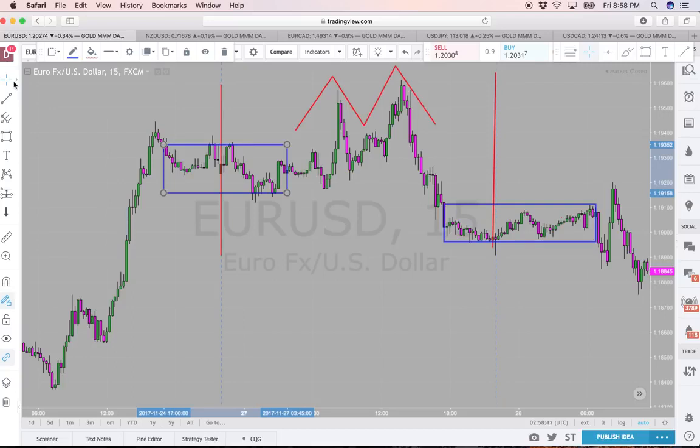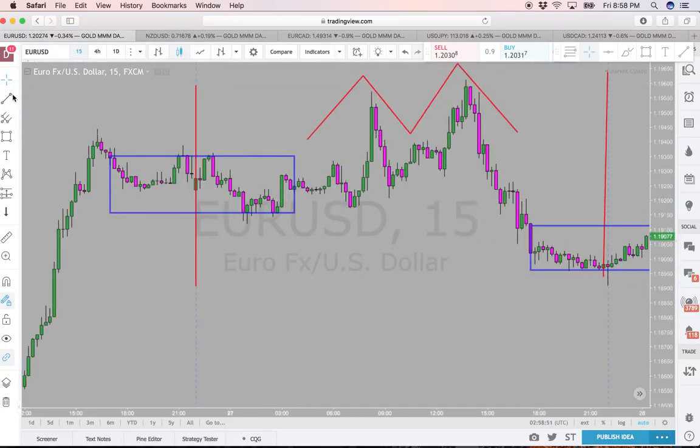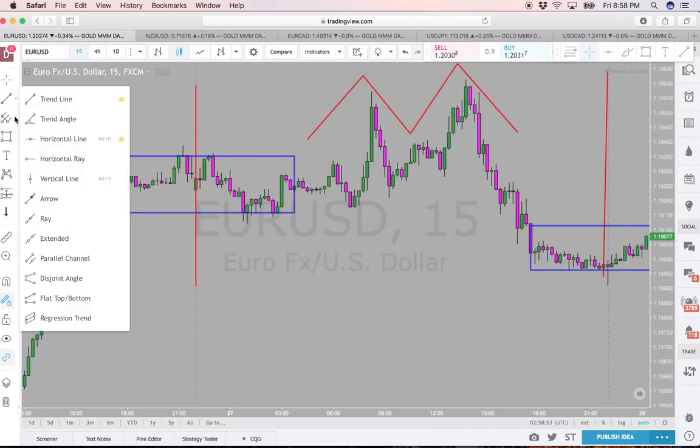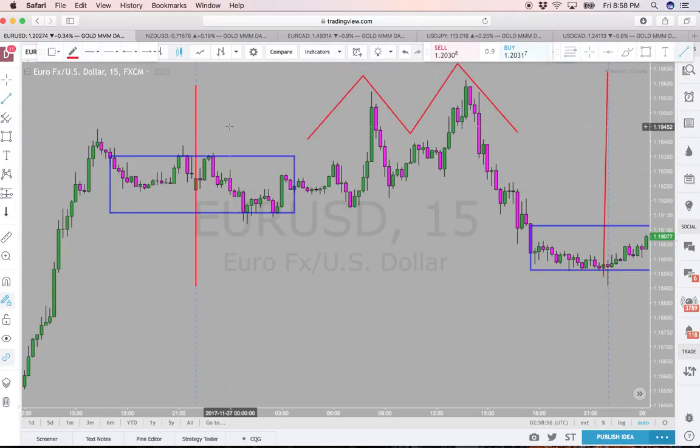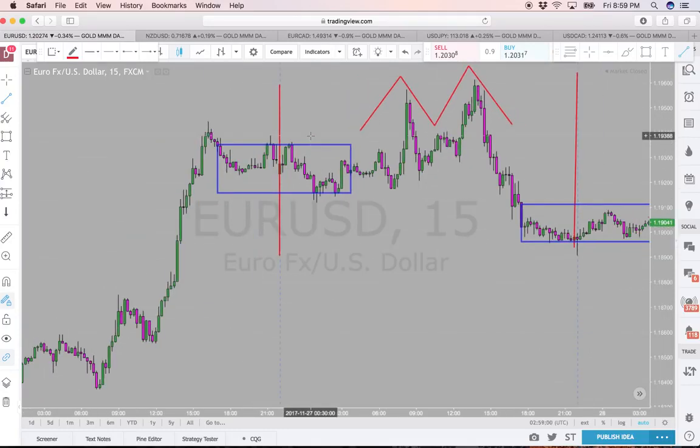Now, what do I mean by retail trader? I mean the knowledge that most retail traders know. That is, consolidation. A lot of retail traders place buy stops or sell stops under or on top of consolidation. We know that.